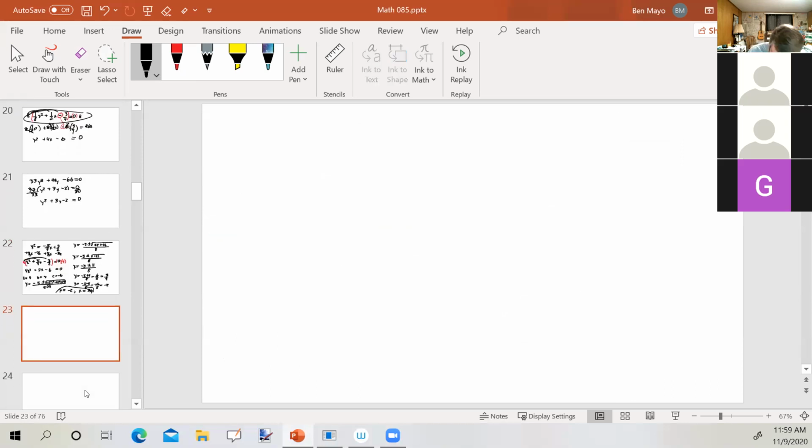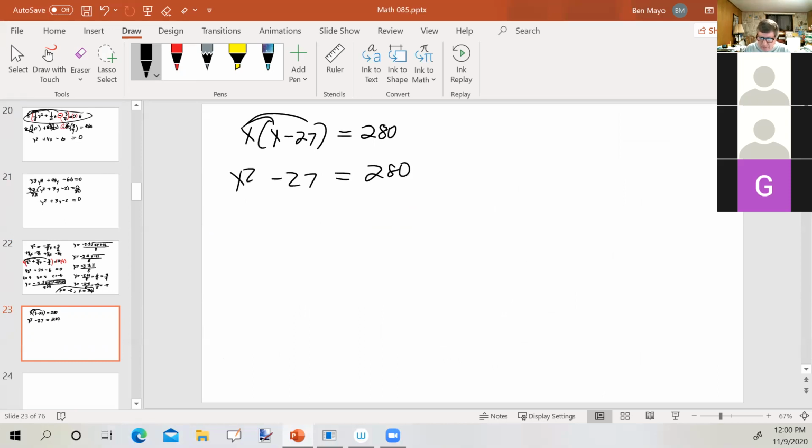Let's see. X times the quantity x minus 27 equals 280. So to get this thing in standard form, we're going to distribute the x like that. Then we'll subtract 280 from both sides. Oops, that was supposed to be minus 27x. And then we'll get that.